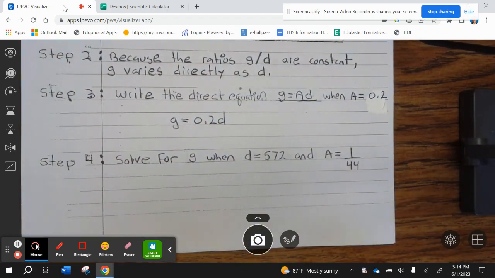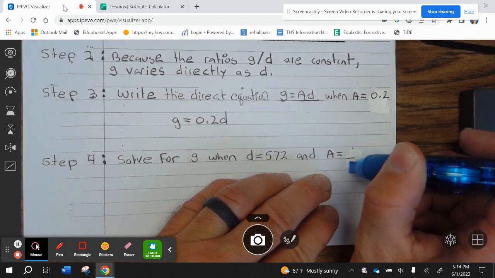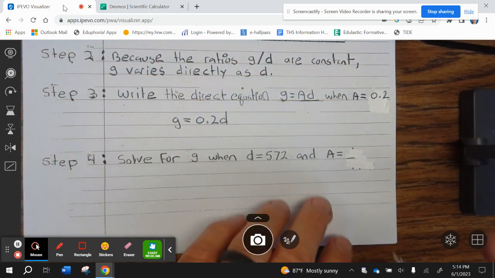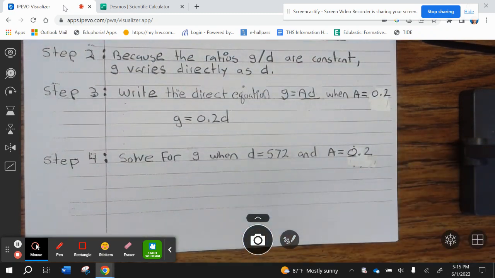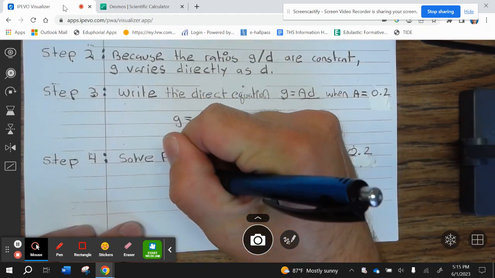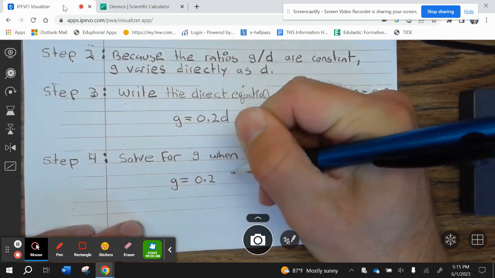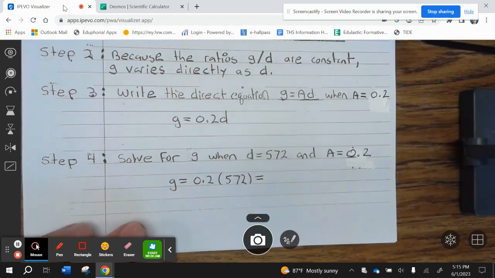So solve for g when d equals 572 and a equals 0.02. So all we have to do is plug 572 in for d. So g equals 0.02 times 572.